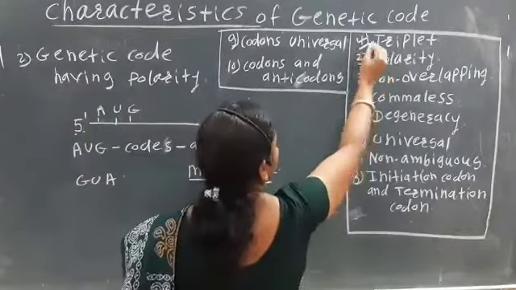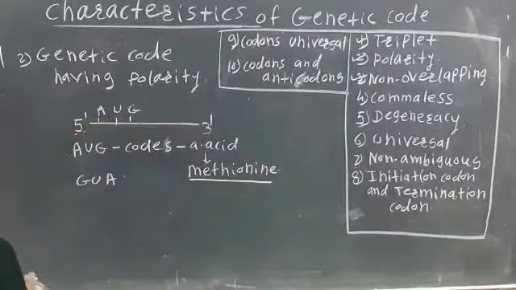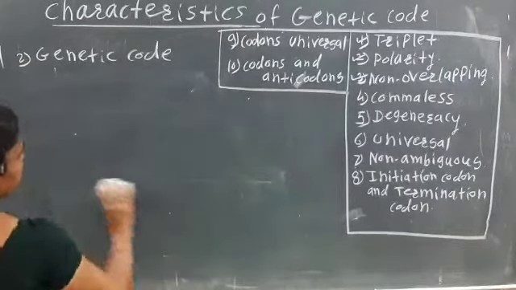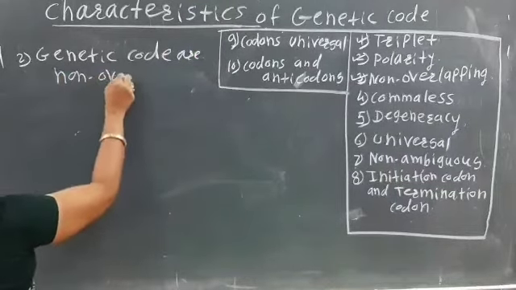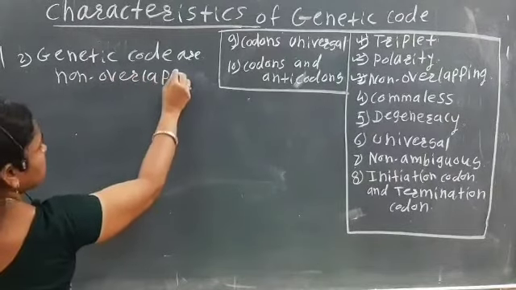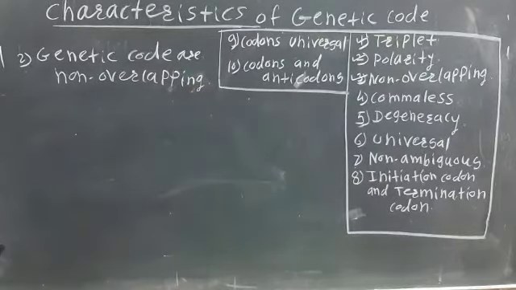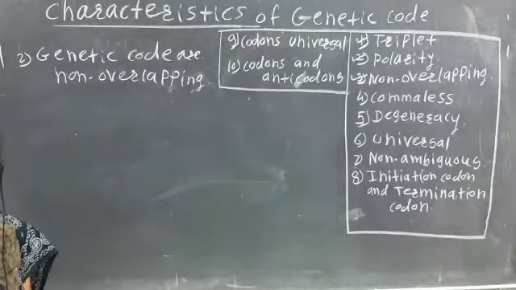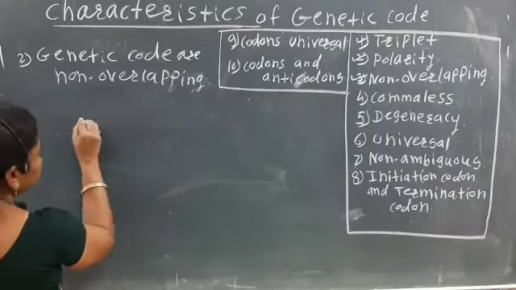We saw the first, triplet, then the second, polarity, and the third is that the genetic code is non-overlapping. Experimental evidence proved that the genetic codons are non-overlapping. See how.